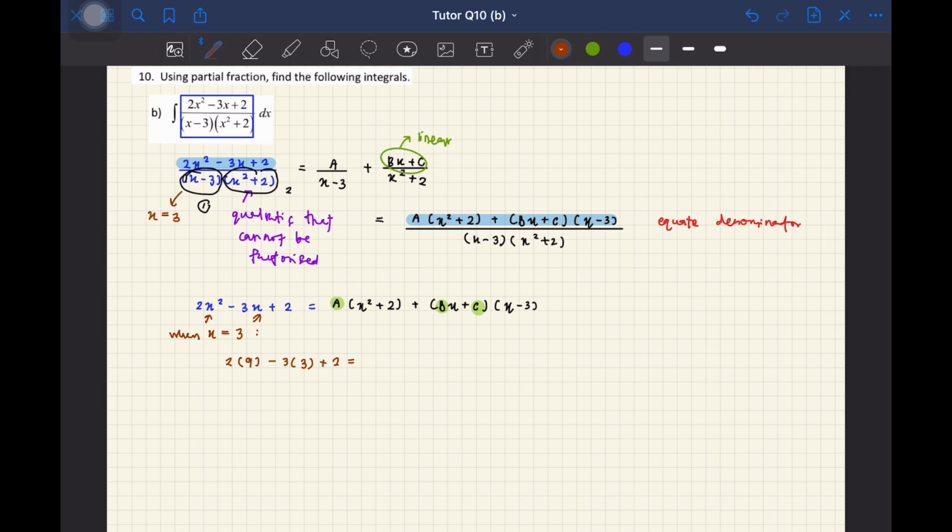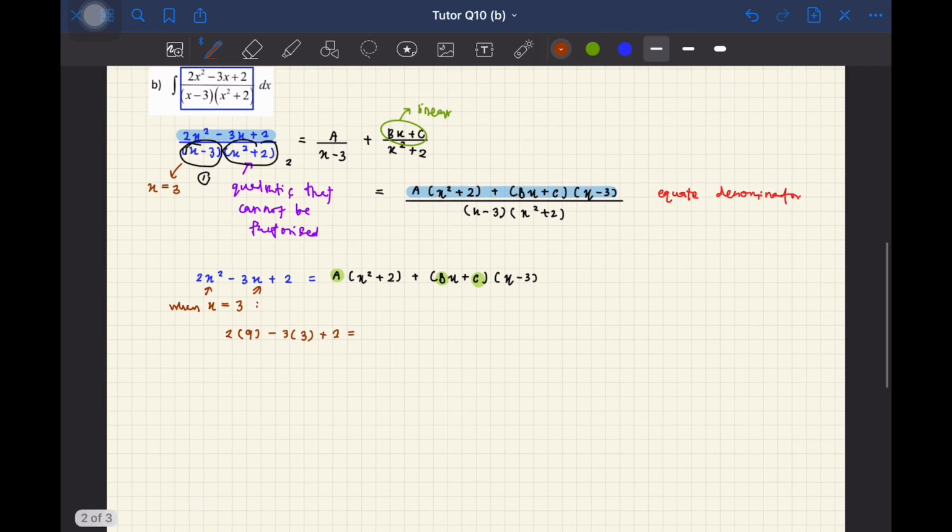Okay, and then equals to, kalau kita masukkan dekat sebelah kanan, this one, kita akan dapat 9. Okay, and then this one, kita masukkan 3. So 3 tolak 3 akan jadi kosong. So 3 tolak 3 jadi kosong, maksudnya everything over here akan jadi kosong. So kita akan dapat A is equals to 9 plus with 2.